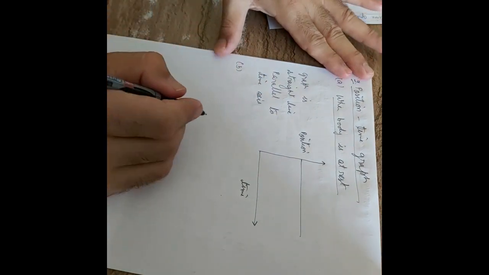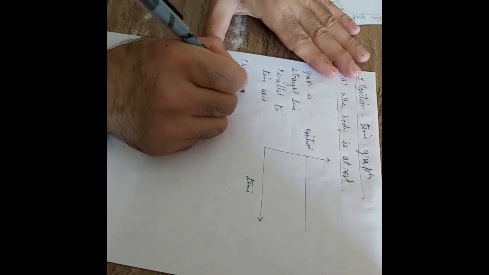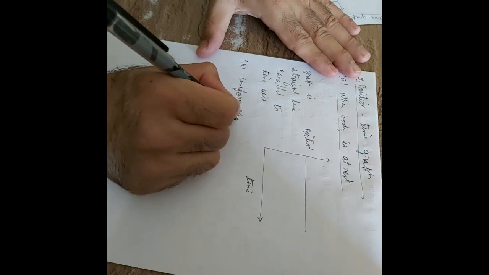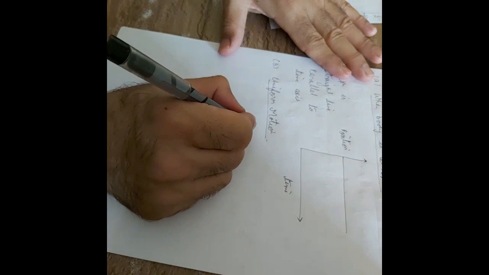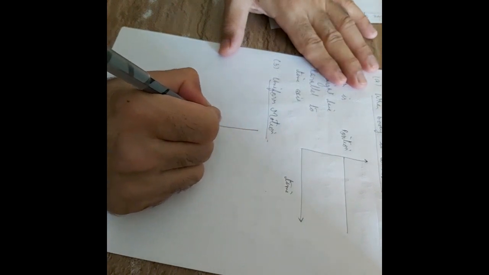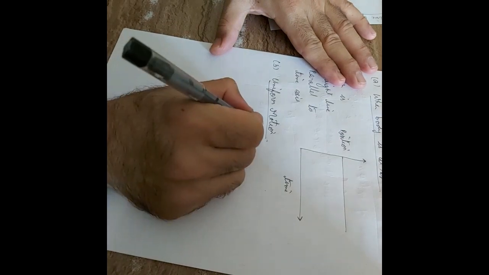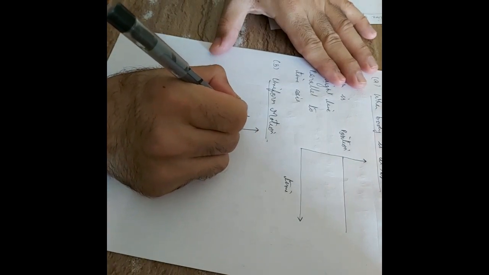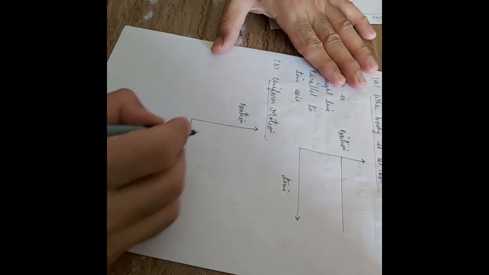B is uniform motion. What will be the graph for uniform motion? Now let us say this is the position and this is the time.